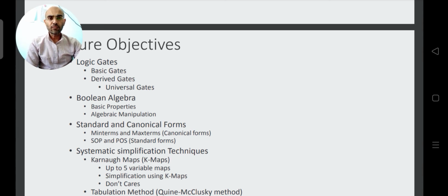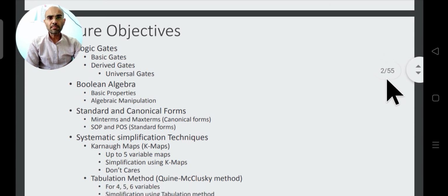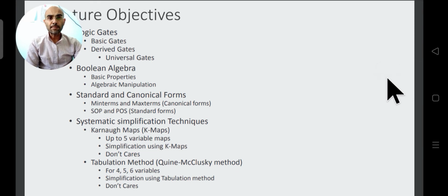Later on we will see the various forms to represent a Boolean expression and how to simplify it using various techniques. In simplification we will see simplification with the help of Boolean algebra itself, then with the help of the K-map, which is very well known, and then later the Quine-McCluskey method or the tabulation method.